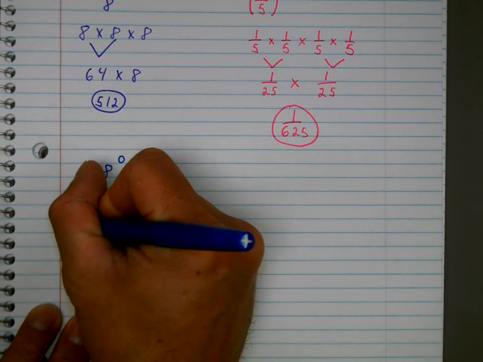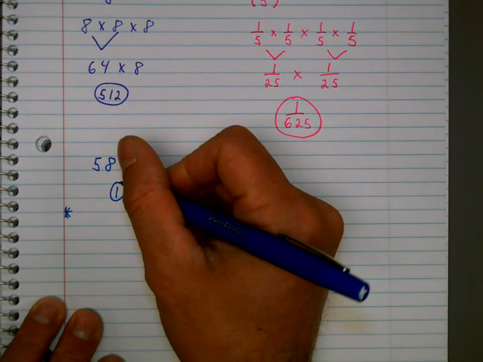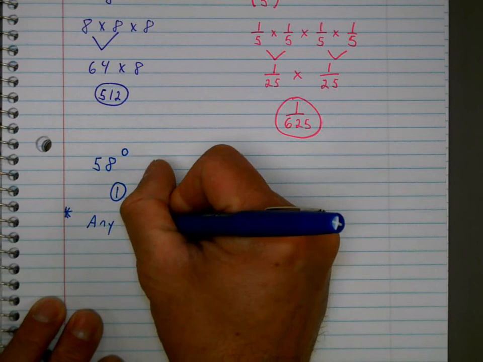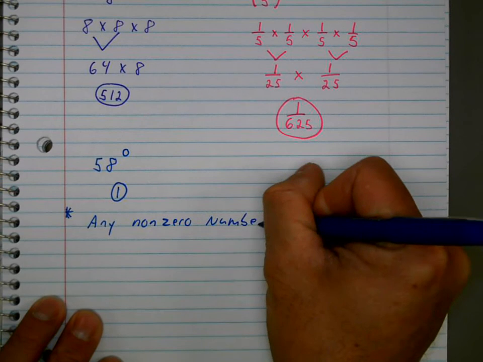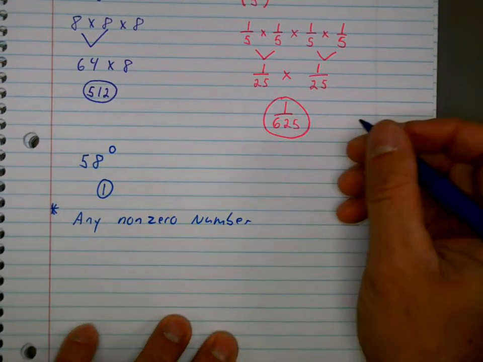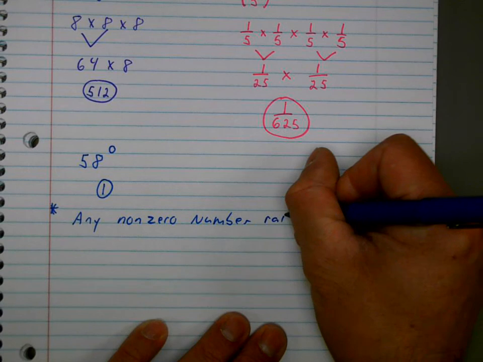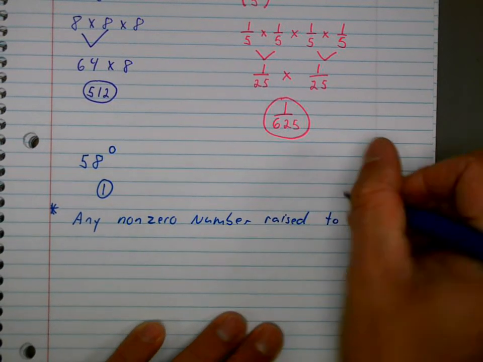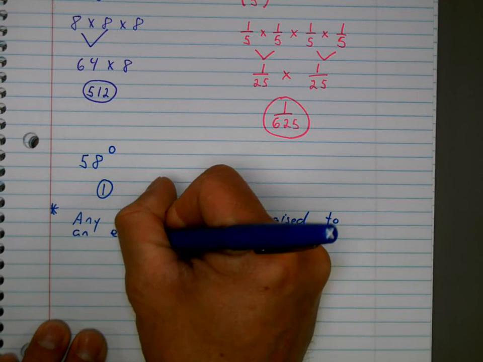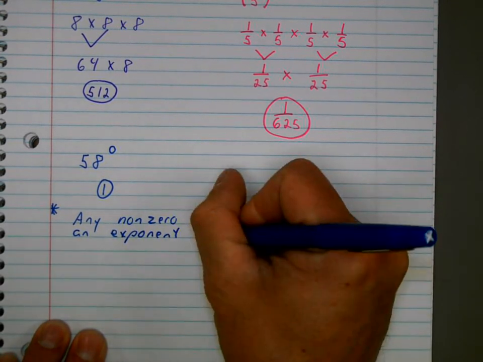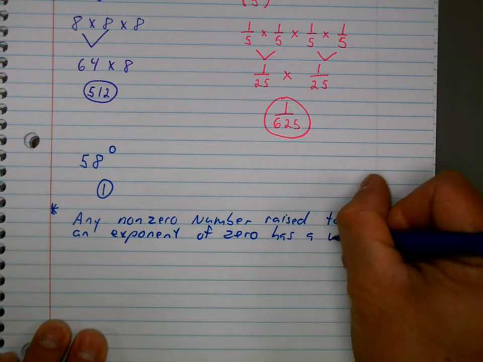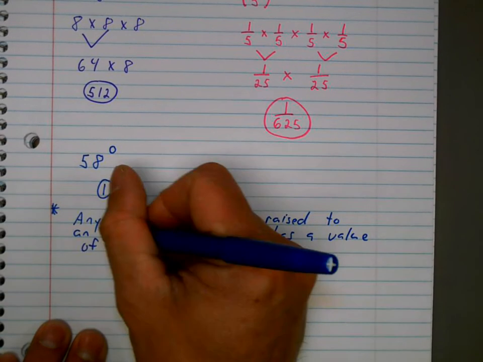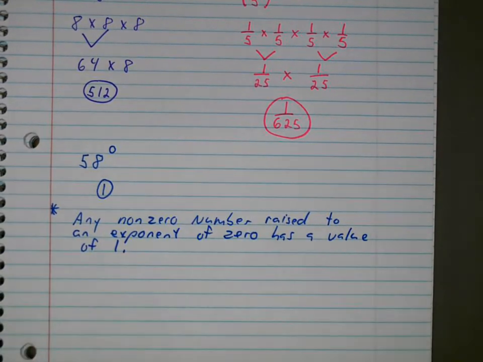And we're going to make a little note of that right below that, just so we don't forget that. It's any non-zero number raised to an exponent of 0 has a value of 1.